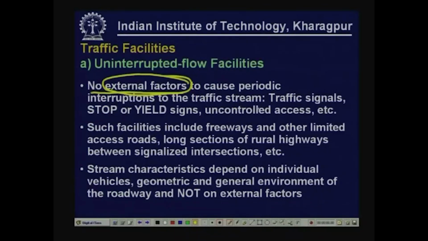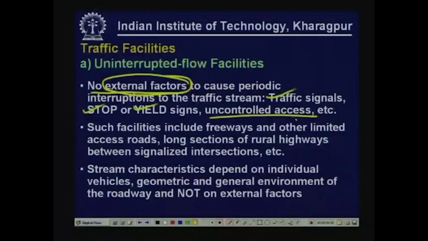External factors could be traffic signals, stop or yield signs, or uncontrolled access, where anywhere and everywhere vehicles are entering into the road and leaving the road, creating disturbance. So, in uninterrupted flow facilities, there is no external factor to cause periodic interruptions to the traffic stream. Still, the internal factors remain.